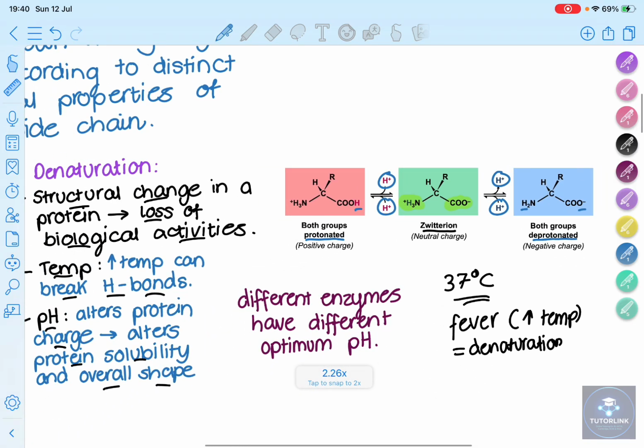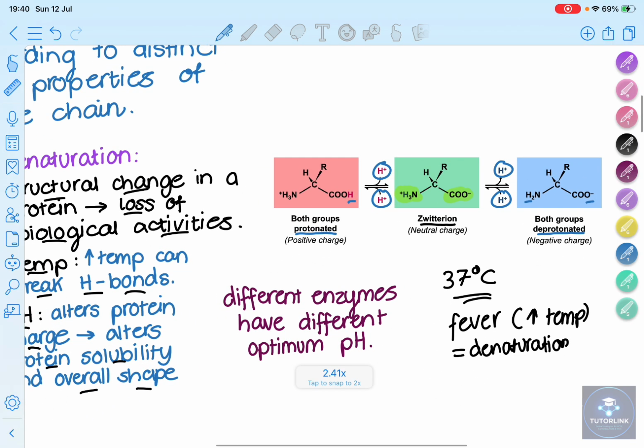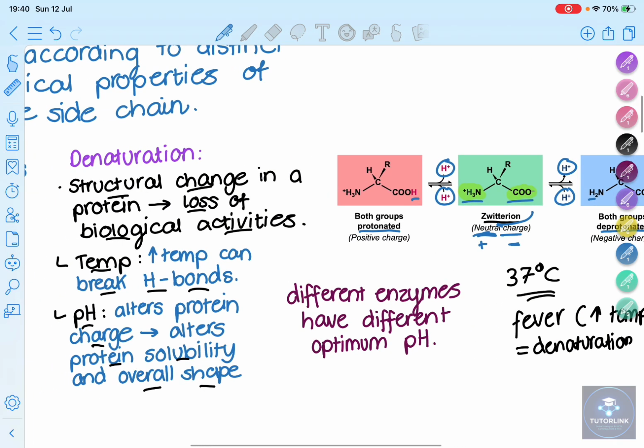The main concept that you need to keep in mind is that a Zwitterion is a neutral molecule that has both positively and negatively charged groups. You see here it's neutral because this positive charge is balancing out this negative charge. So when we alter the pH of the protein, that affects these charged regions, which then affects the solubility and the overall shape.